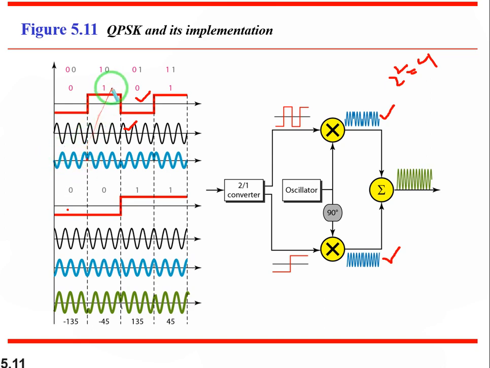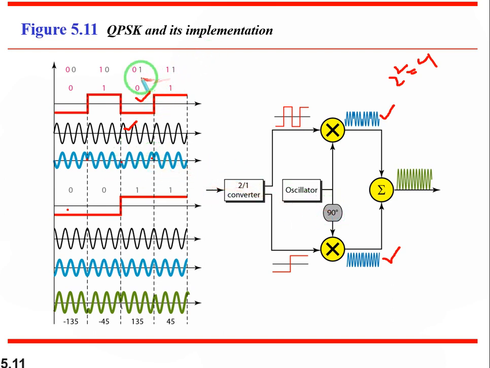Then what we have is 10. Once the bits change from 00 to 10, the phase is going to change by an angle of 90. Then when the bits change again, the angle changes by 90 again, and again by 90, as you can see here.